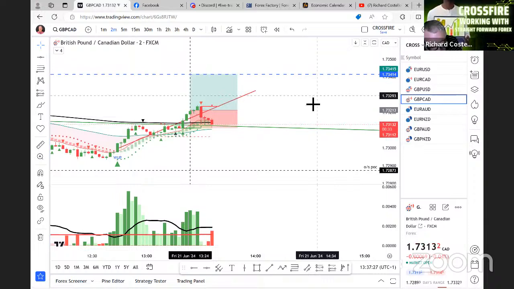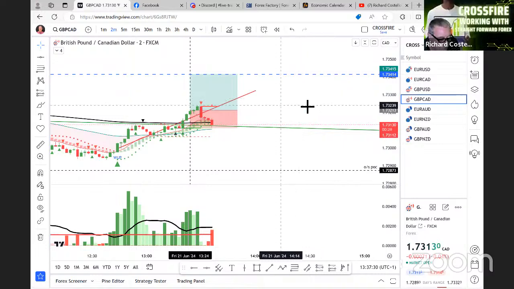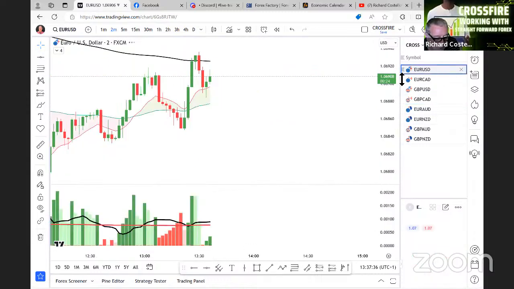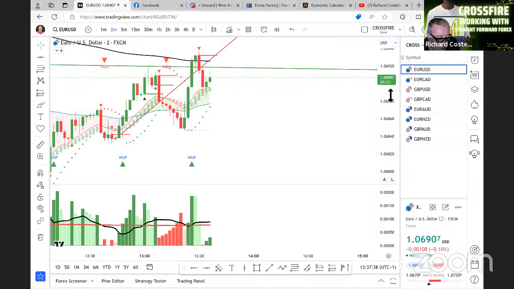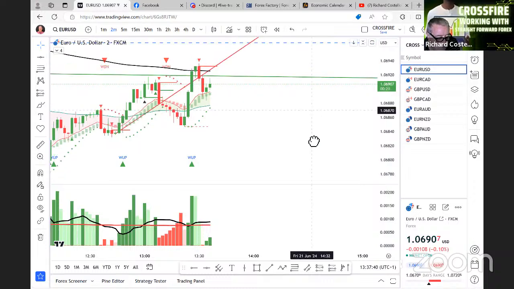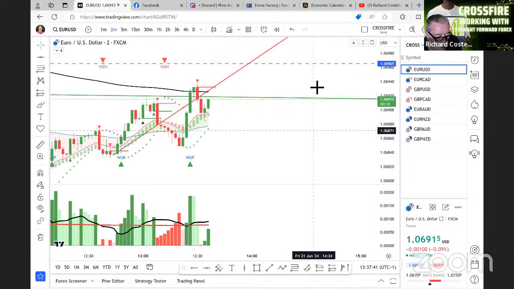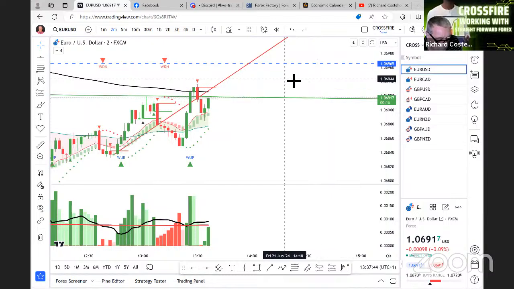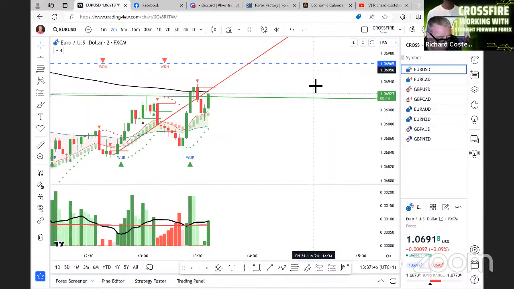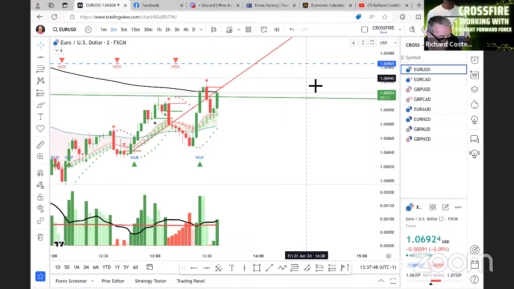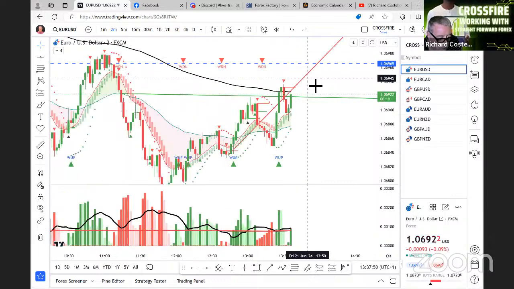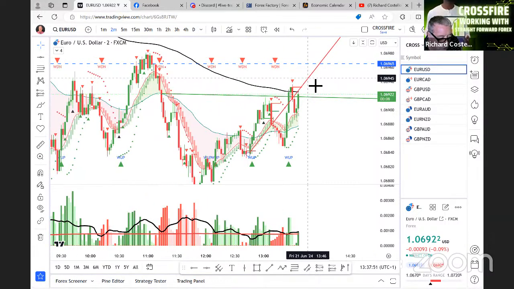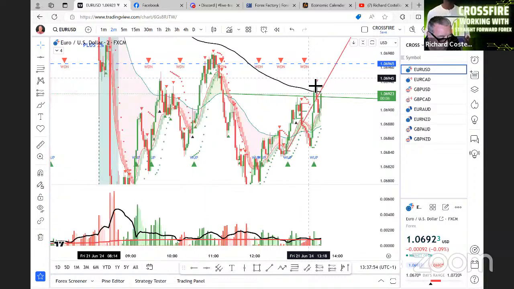So it's now 7 minutes after the news, so things should start to settle down. I'm not seeing any opportunities just yet, so I'm going to go back through the pairs and then think about my plan of attack for this afternoon. That blue line there is probably from a previous trade that I was looking at.